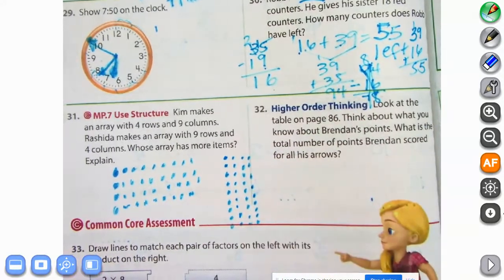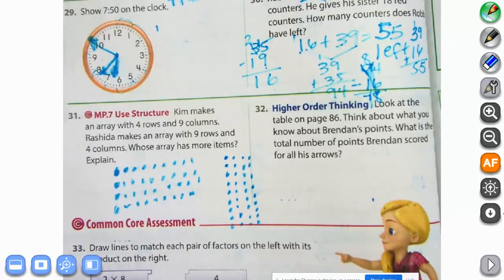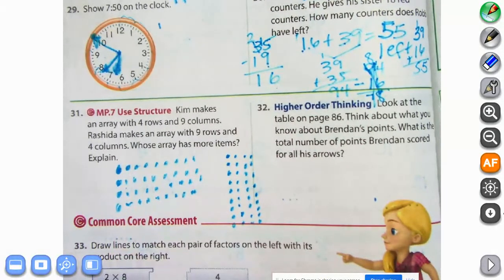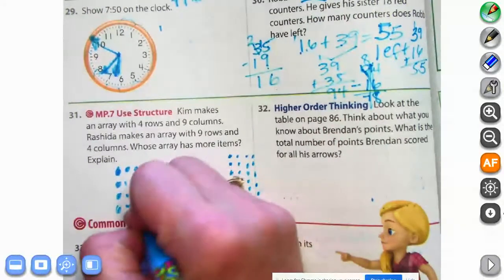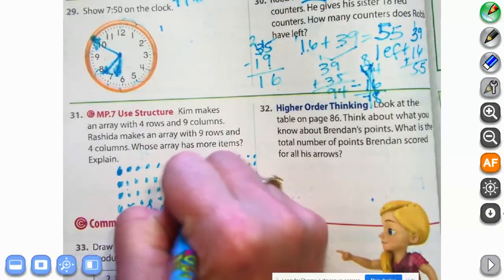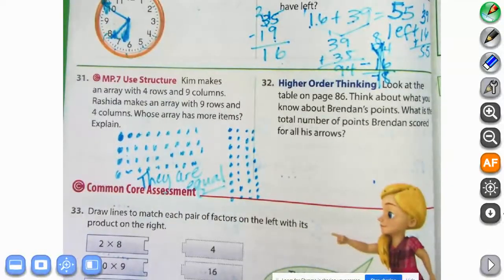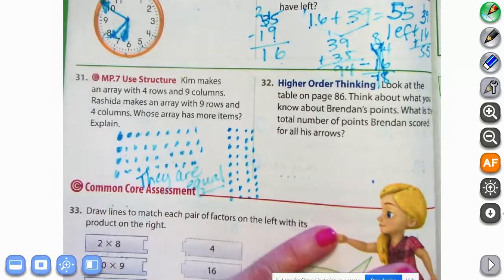Okay, so whose array has more items? Kim's is 4 rows of 9. Rashida's is 9 rows of 4. They are equal. They are equal. Looks like my pen's trying to run out of ink.